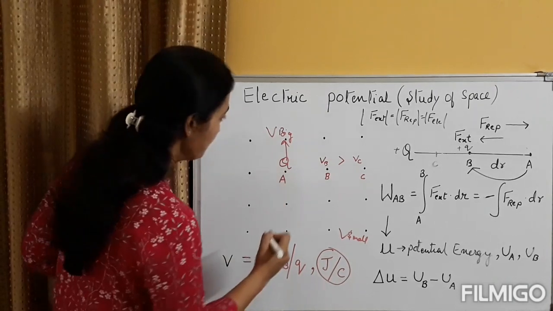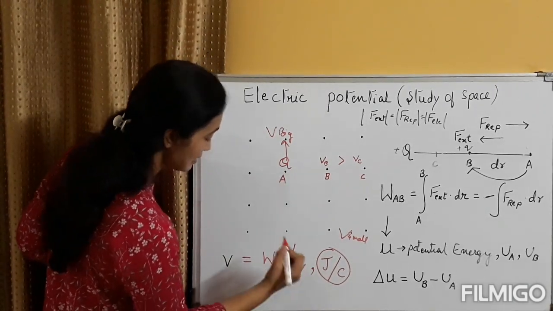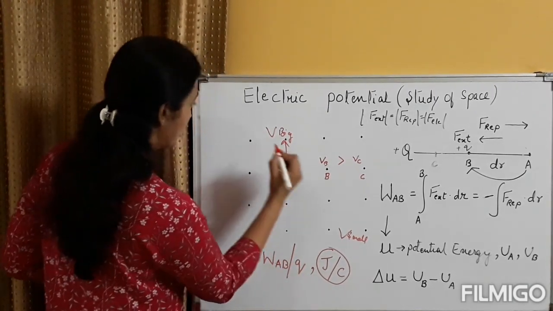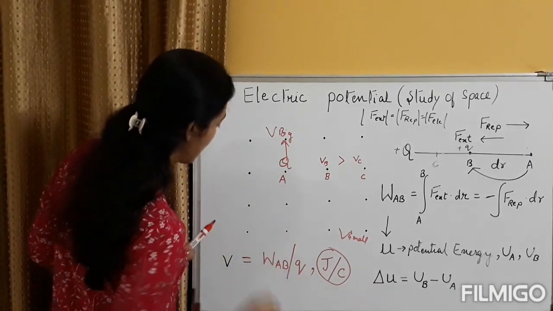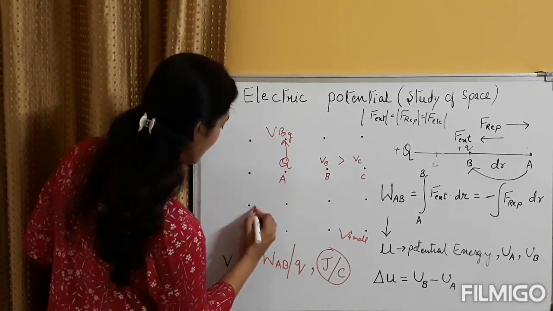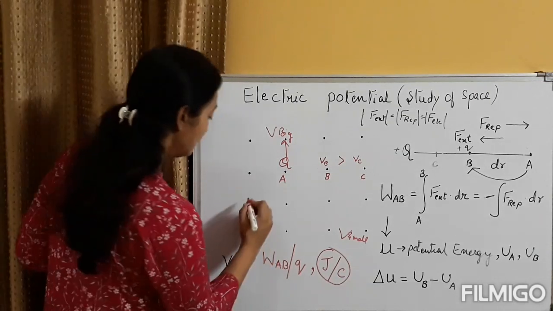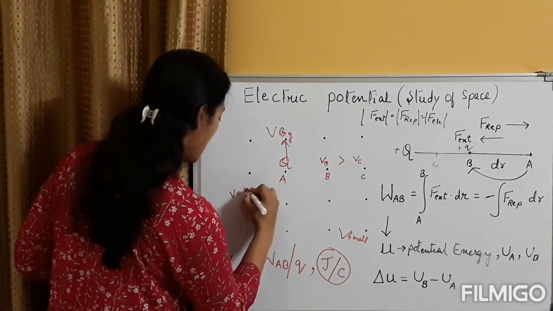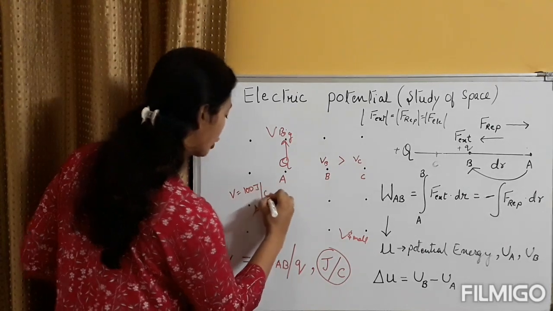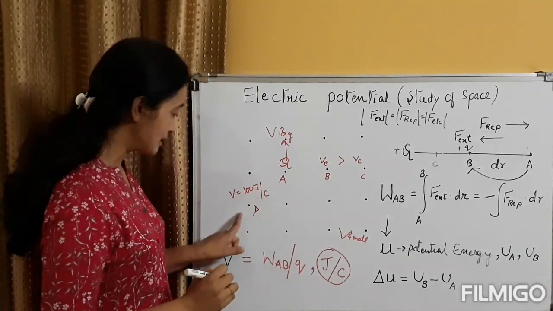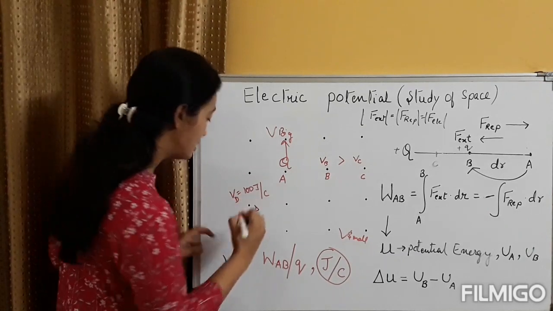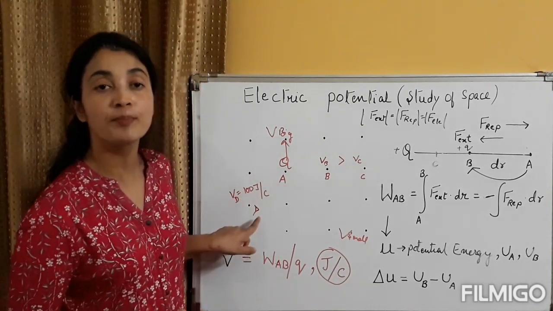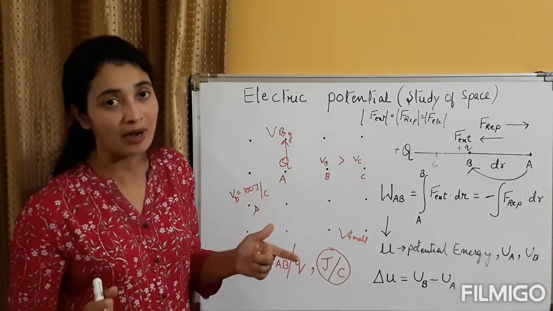Let us take an example, say any point here, D. If I say the potential at the point D is 100 joules per coulomb, what do I mean practically?